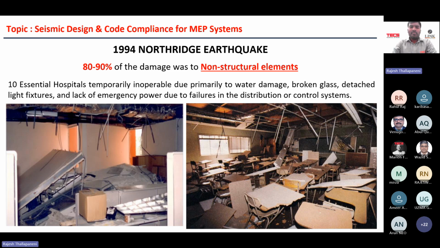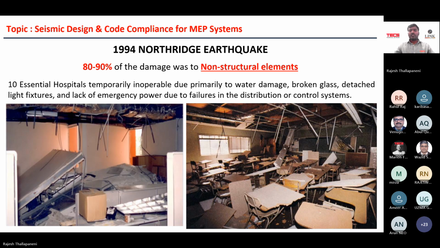The major problem in this earthquake incident is that the structural components remained intact. Means the slabs are very good, the beams are very good, the columns are still intact, and there is no issue. But the problem happened with the secondary structural elements like false ceiling or the MEP services, where you could see the actual pictures of how the structures have been damaged.